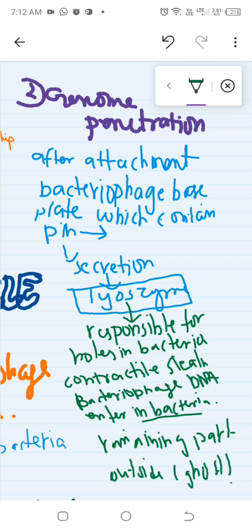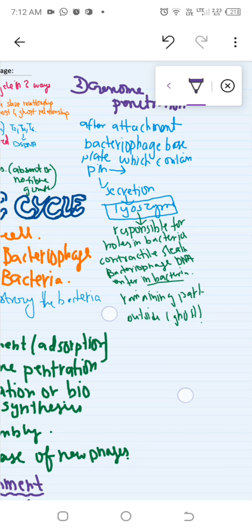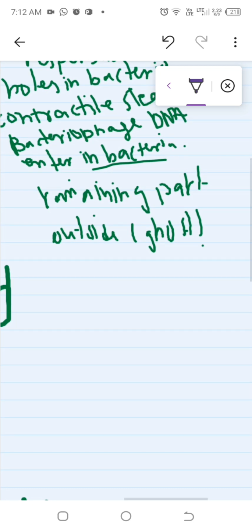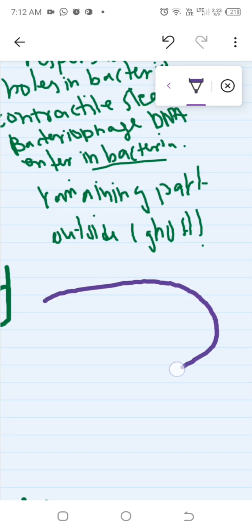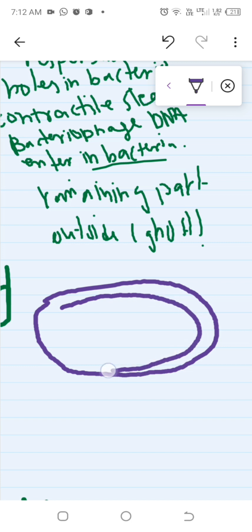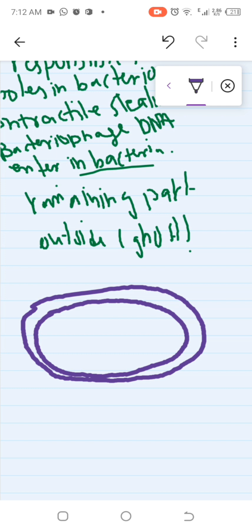So if I can draw here the rough diagram, so you can see here, if I have this bacteriophage wall, and here we can say bacteriophage.